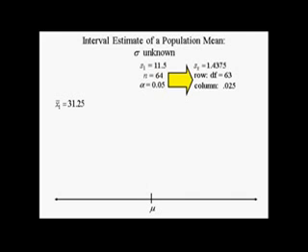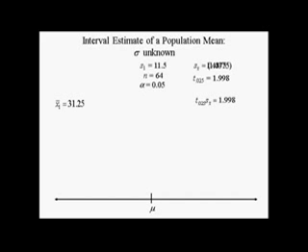Thus, the t-value equals 1.998. The first estimated margin of error is equal to the t-value, 1.998, times the estimated standard error, 1.4375. The first estimated margin of error equals 2.87.